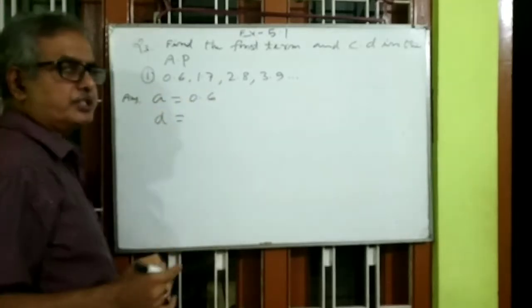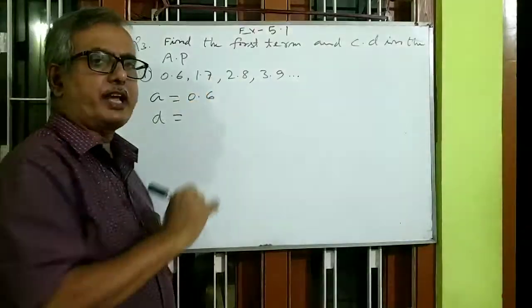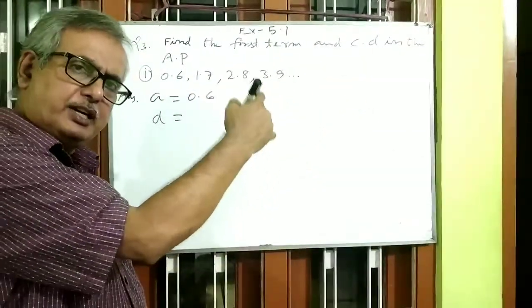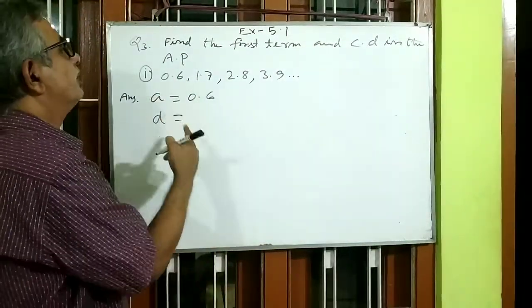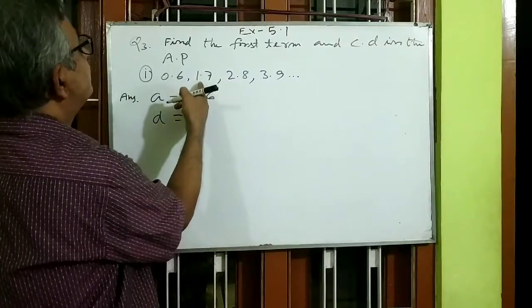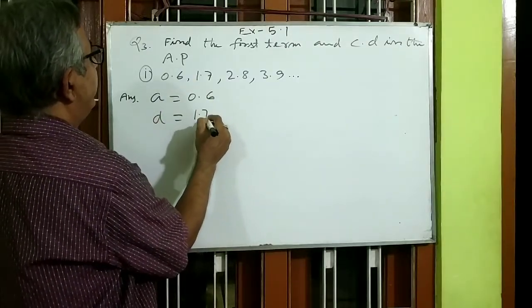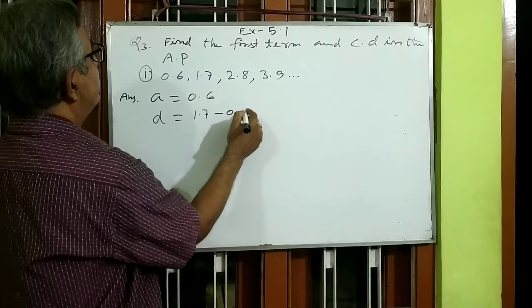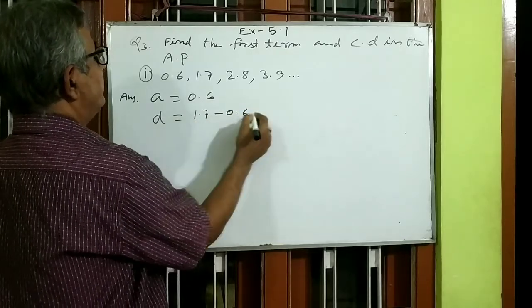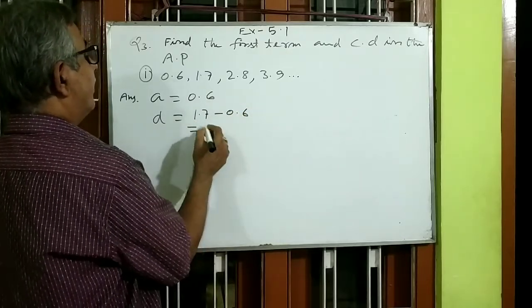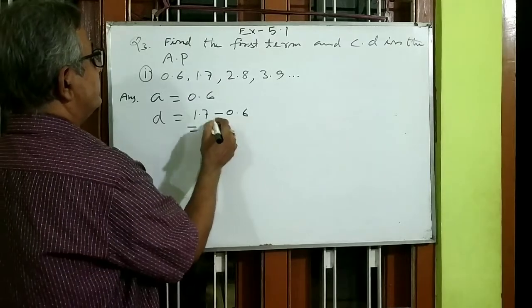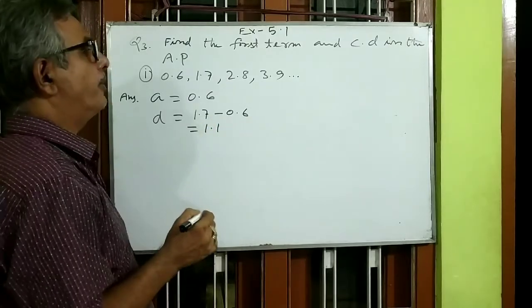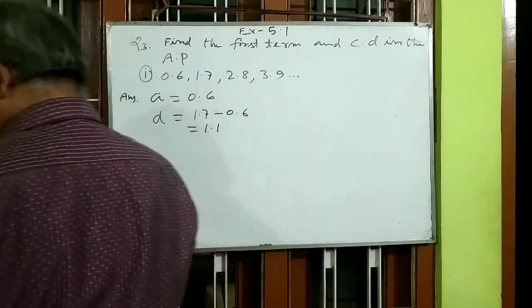Second term minus first term, or third term minus second term, fourth term minus third term, like that you can find out anywhere. Suppose second term is 1.7 minus 0.6. So you are getting 1.1. This is the common difference. So you got the answer.